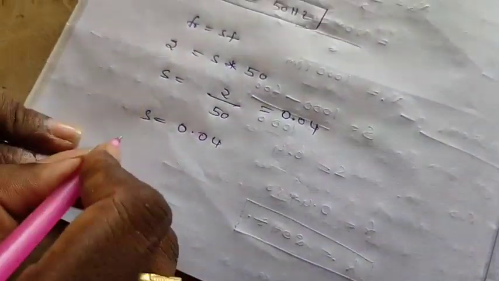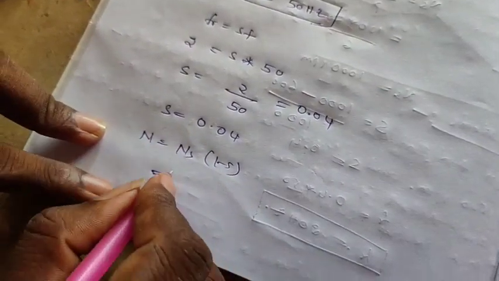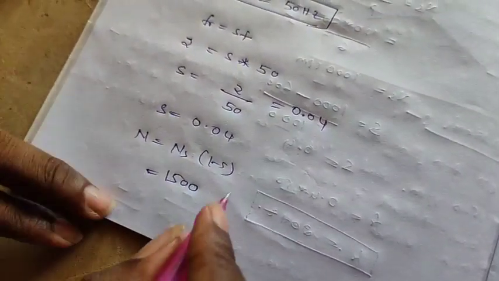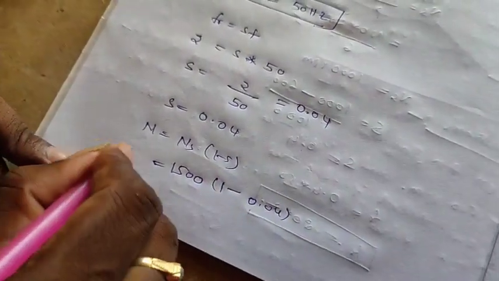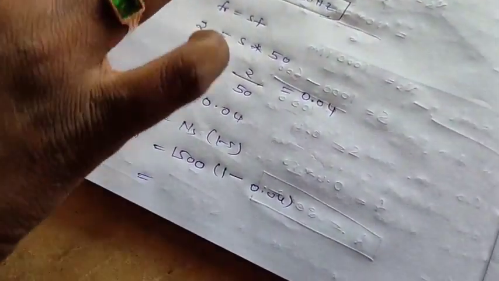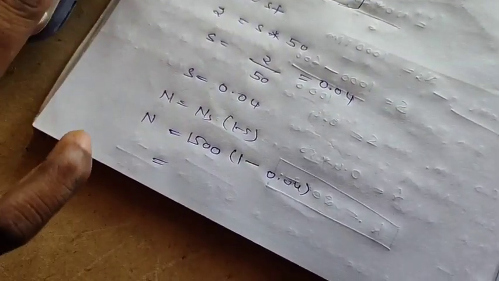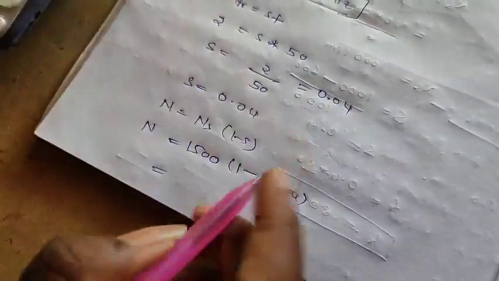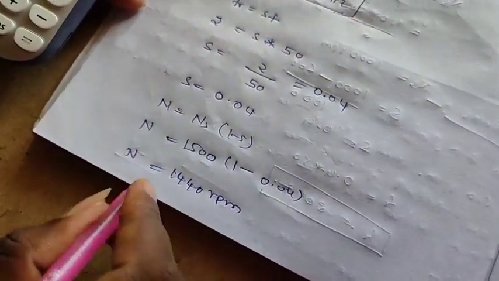The formula for n equal to ns into 1 minus s. Here ns is 1500, 1500 into 1 minus 0.04, that is 1440 rpm.